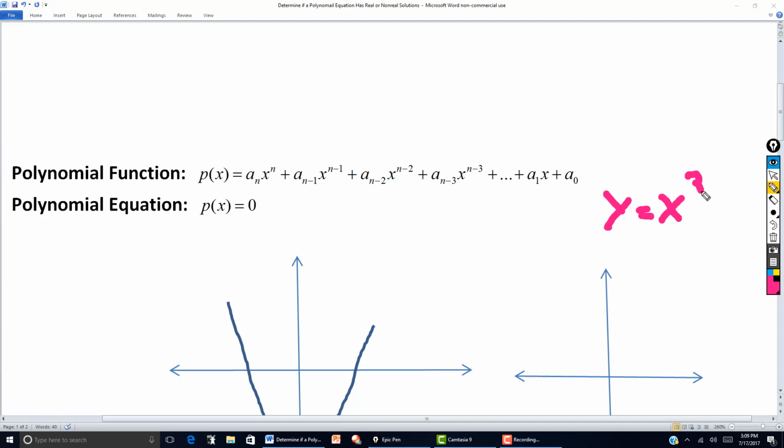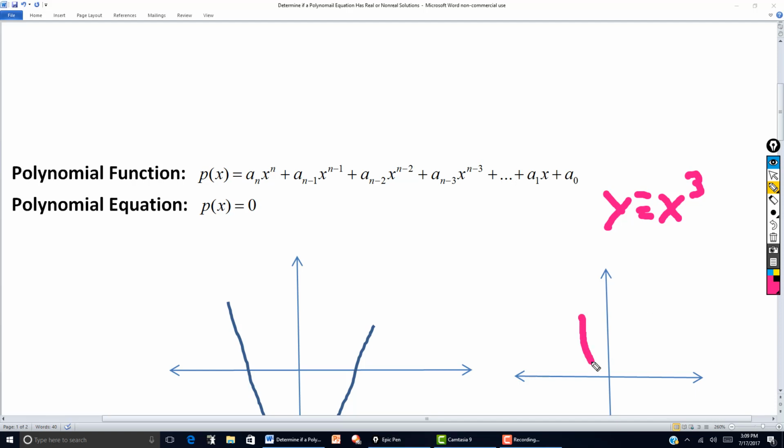That's a very basic polynomial, and the degree is 3. If I were to graph this, the graph would go something like that. I pass through the origin (0, 0), so 0 would be a zero of that polynomial. Now if I stick a negative in front of this and look at y equals minus x cubed, this would go the opposite way.